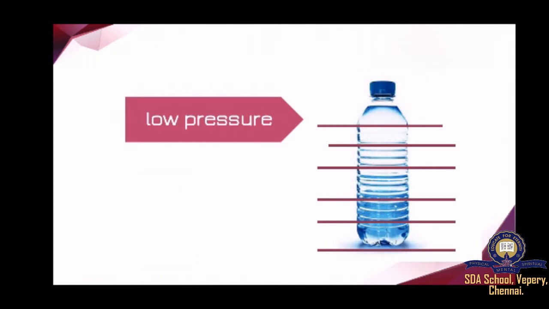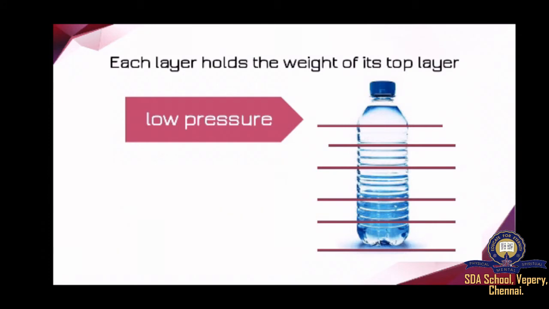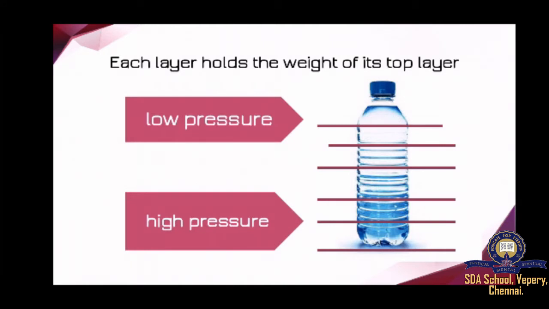It's because each layer of water holds the weight of its top layer. See, each layer of water is holding the weight of its top layer. Then what will happen? The pressure experienced by the bottom layer will be higher than the top layer, right?